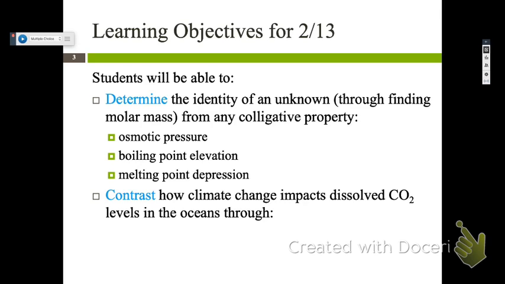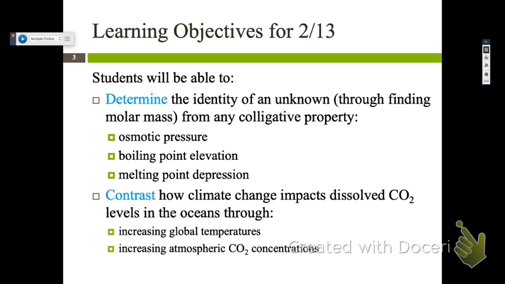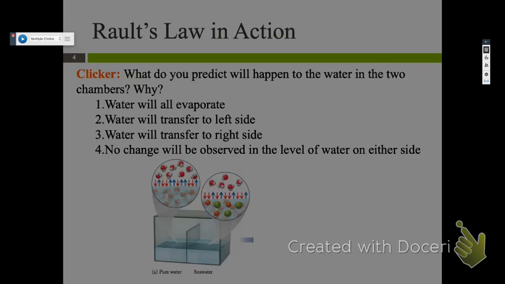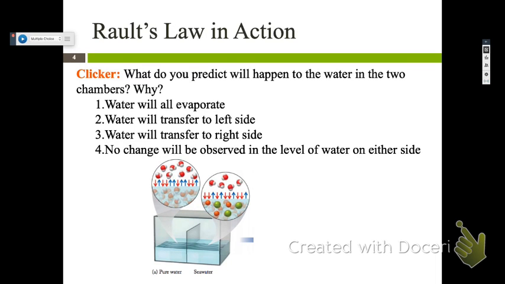And then I want to take some of the colligative properties, think about intermolecular forces and how that relates to climate change and concentrations of CO2 in the oceans. So increasing global temperatures in relation to atmospheric CO2 concentrations, how those two influence ocean CO2 levels. Hopefully we'll have time for that. As much time as I want.